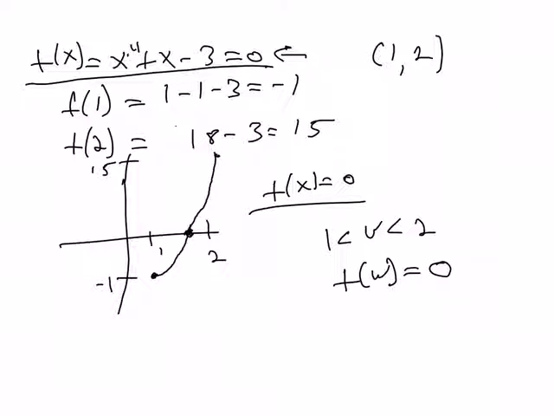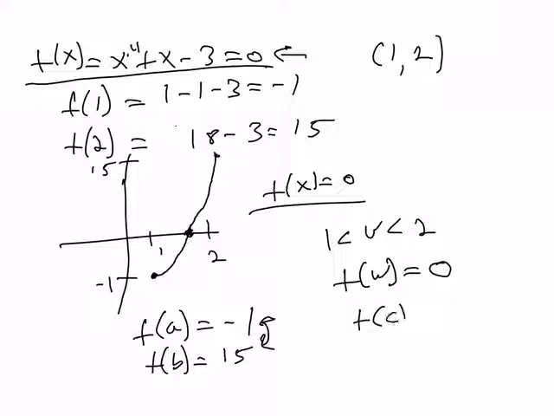To be specific, when using the intermediate value theorem, we have f of a, which is equal to -1, where a is 1, and f of b, which is equal to 15. So for any number n between them, we will have f of some c equal to that number n. But 0 is between -1 and 15, so we can take n equals 0. So we have f of c equals n, which is equal to 0, and that's how we solve that problem.